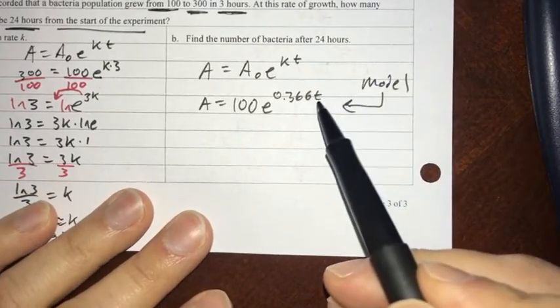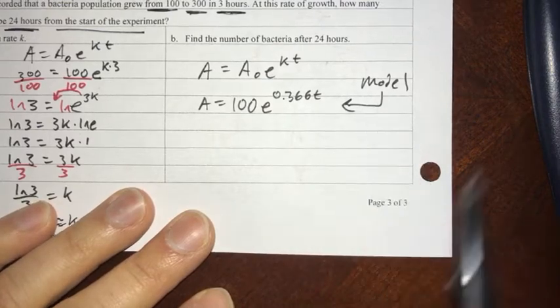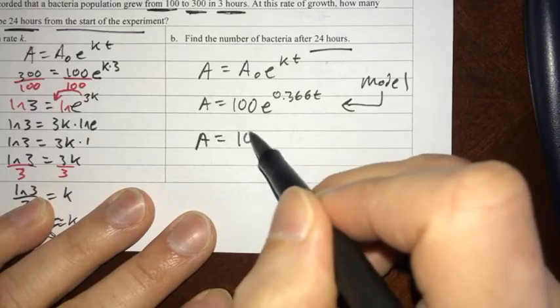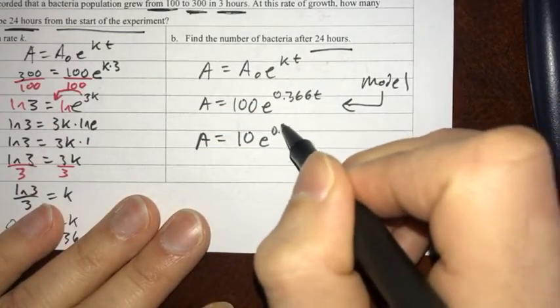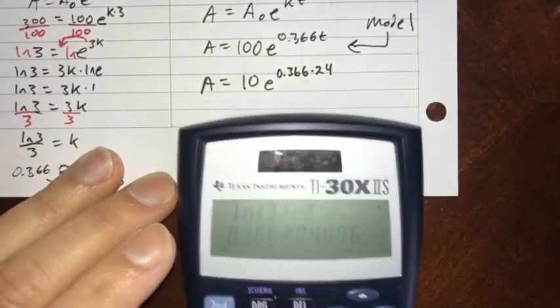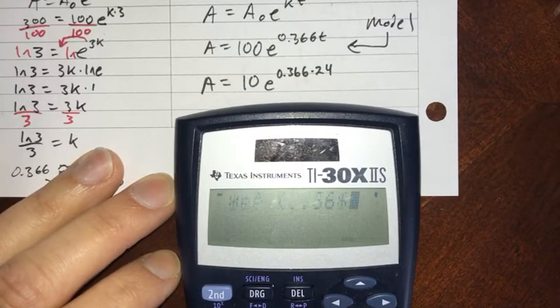As long as we plug in a time, we can calculate all of this and we'll get exactly how many bacteria there are at that time. So it's saying 24 hours. So we solved for k over here, and now we're going to use it in our model. That was the point of doing that. Let's see, 100 times e to the power 0.366 times 24.